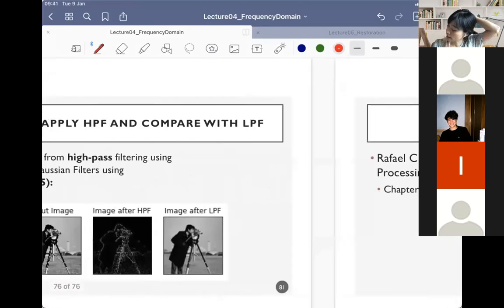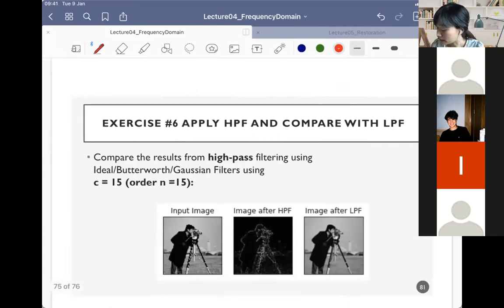Okay, so I also give you some exercise work that I want you to apply with the high pass filter. So it's quite similar. So just change the formula in the code a little bit. So you get the high pass filter by 1 minus the low pass filter, right? And the result from the high pass filter, if you can remember from the previous examples, you will see all the information of the high frequency, and that's sort of the edge, right?